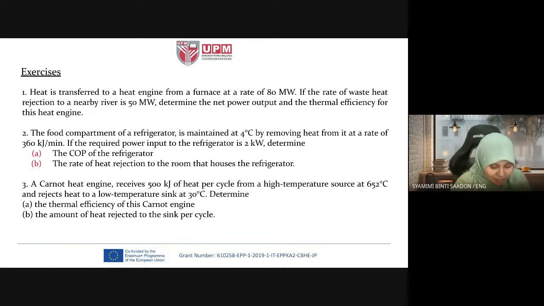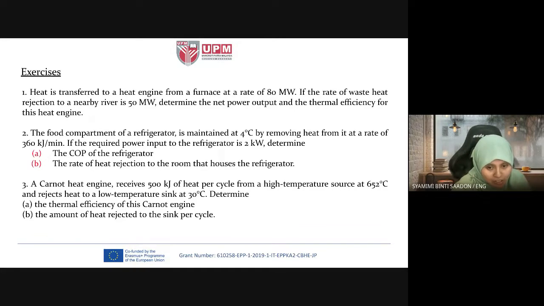A Carnot heat engine receives 500 kilojoule of heat per cycle from a high temperature source, so QH is 500. TH is 652.